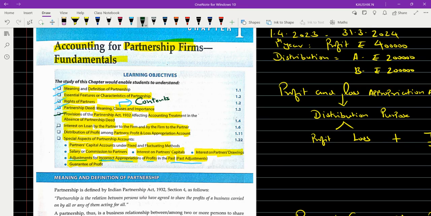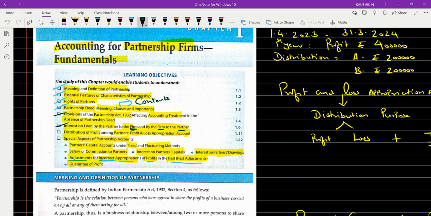And then you will be learning about interest on the loan when it is offered by the partner to the business, and the business, or rather the firm, providing a loan to the partner. Don't use the word business, use the word firm. You can see here, interest on loan by partner to whom? To the firm, and firm to partner. So that's the clarity I made over there.